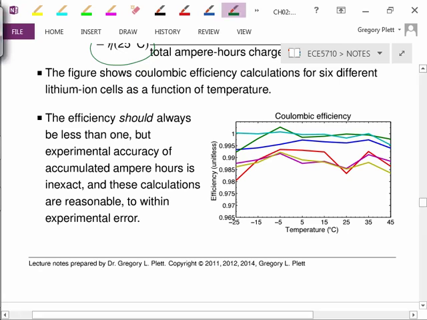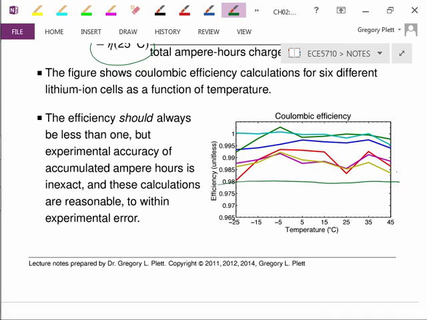If you look at the scale, in all cases we see a coulombic efficiency above 98%. And that is very typical of a lithium-ion cell, especially when I am charging and discharging at a slow rate. If I use a higher rate of current, we find that the coulombic efficiency actually gets worse.